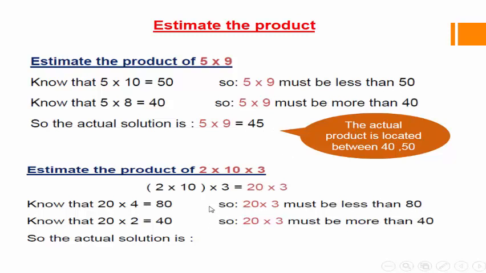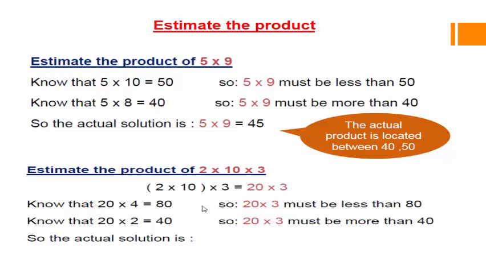Another example. Estimate the product of 2 times 10 times 3. But you notice we have three numbers, right? What will we do? We will turn the 3 numbers into 2 by using brackets. Do you remember the associative property from the last lesson?